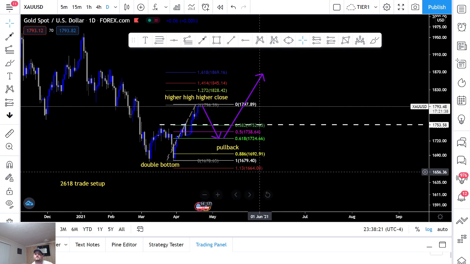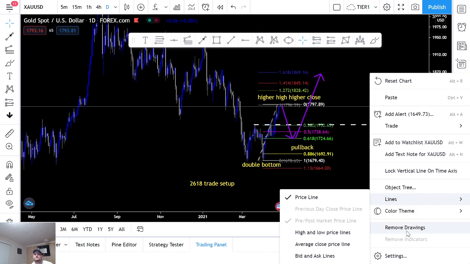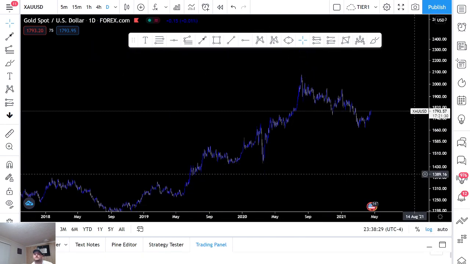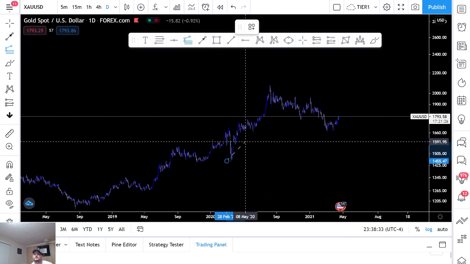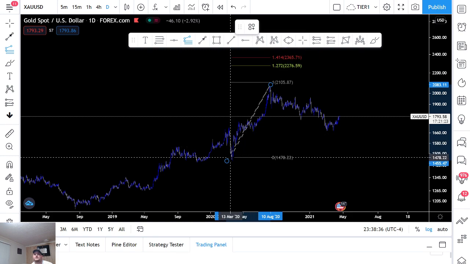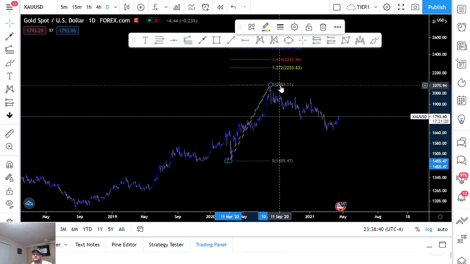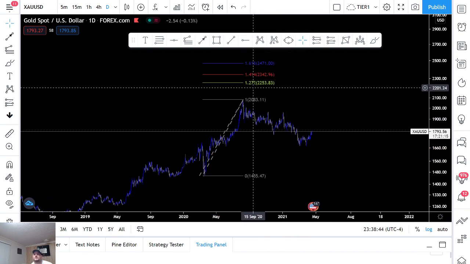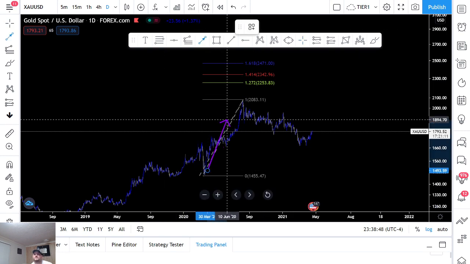Or you could look for a retest of this high at 2000, because this would be an impulse leg too, right?